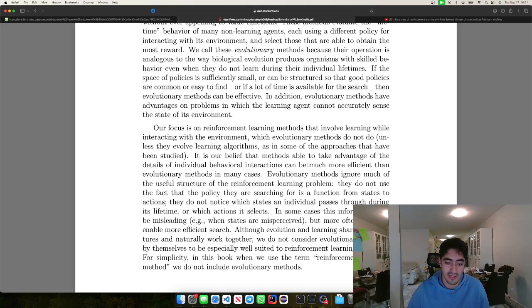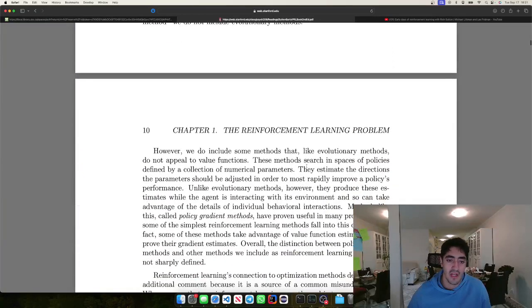For simplicity, in this book, when we use the term reinforcement learning method, we do not include evolutionary methods. However, we do include some methods that, like evolutionary methods, do not appeal to value functions. These methods search in the spaces of policies defined by a collection of numerical parameters.